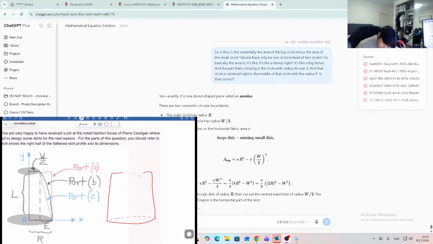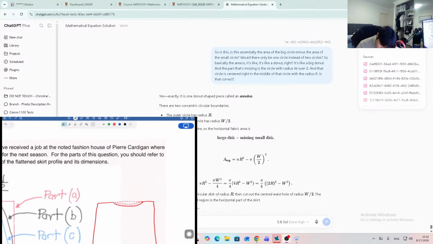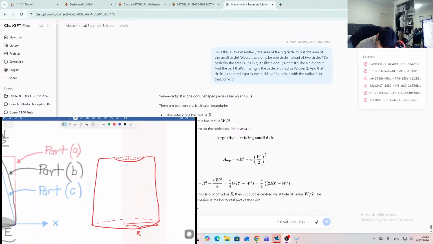Right, and so this is radius R. And this is radius from the center, right? Same center.